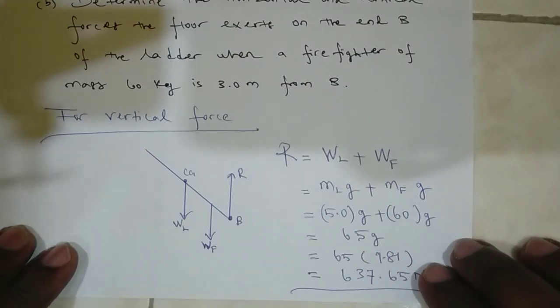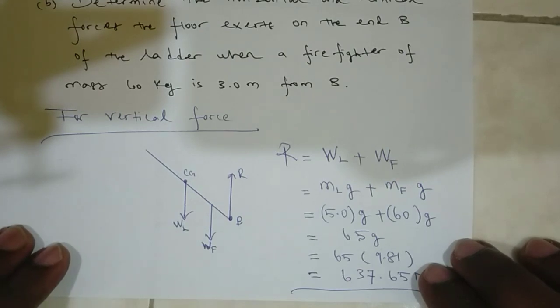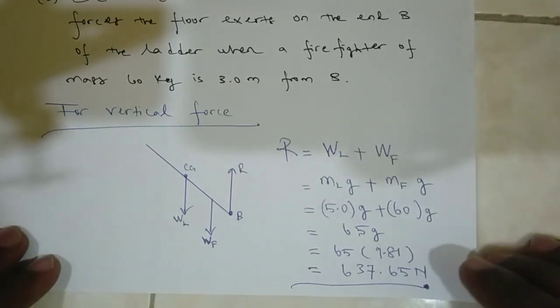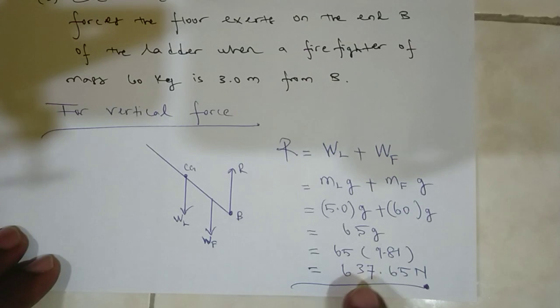Use the calculator to substitute the given values. If you don't have the calculator, you may calculate later. So the final answer for the vertical force is 637.65 Newton.